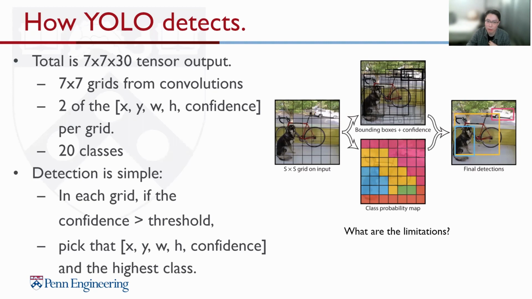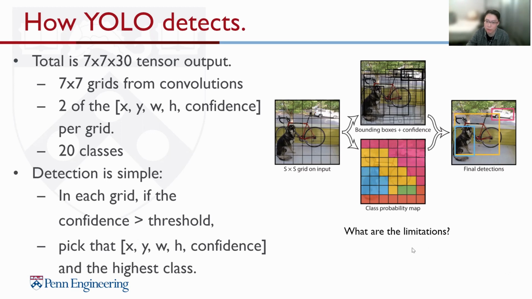That's because each grid proposes two bounding boxes, and we have to confirm that the bounding box confidence value is greater than the threshold. For each grid, there is a highest class value. So if there's a bounding box that passes the threshold, then we just pick whatever class this grid has.